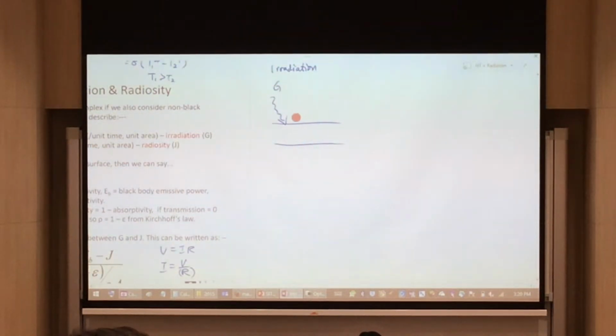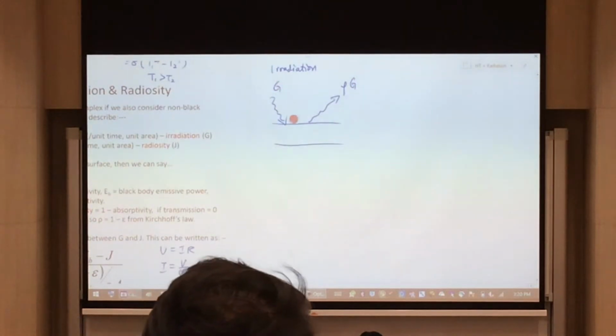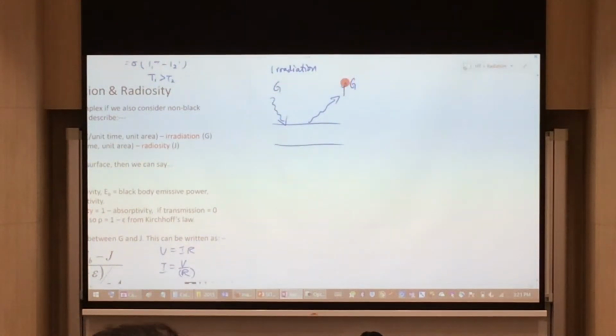Now this incident radiation could be reflected. And if it's reflected only, that means nothing is absorbed and nothing is transmitted, then you would say that this incident radiation has a ratio of rho G. Right?